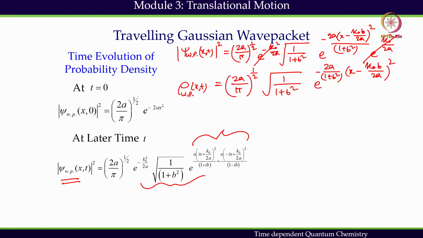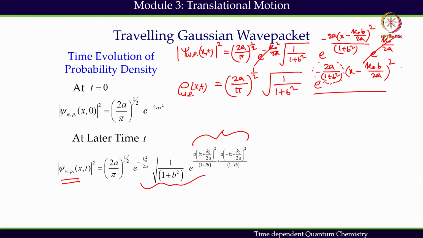And one thing I would like to point out now. In this expression, the initial part is constant, and then you have x squared.